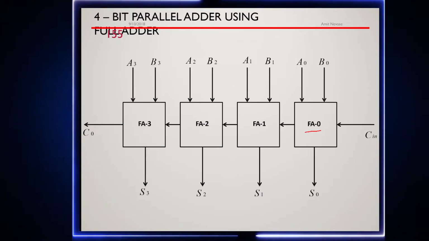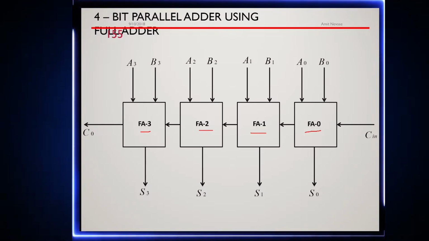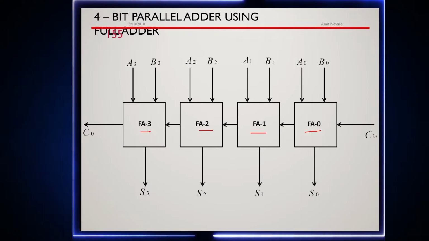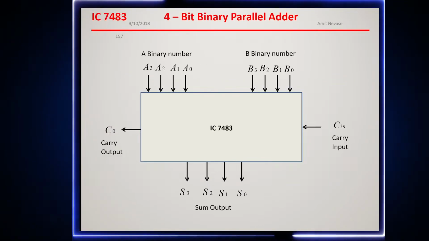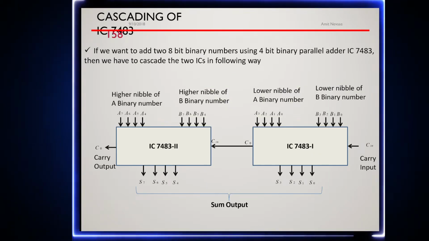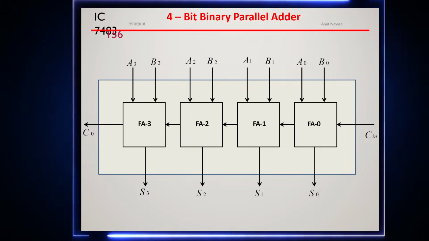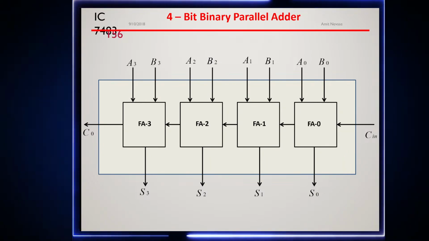Here we have 4 full adders, F0, F1, F2 and F3 respectively, and the previous output is given to the next input, right? Now this is a specific IC, 7483. This is a 4-bit binary parallel adder.